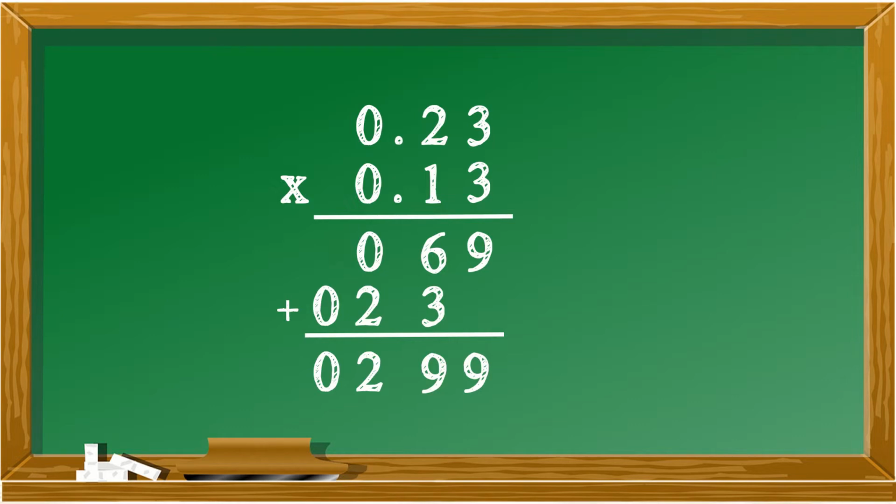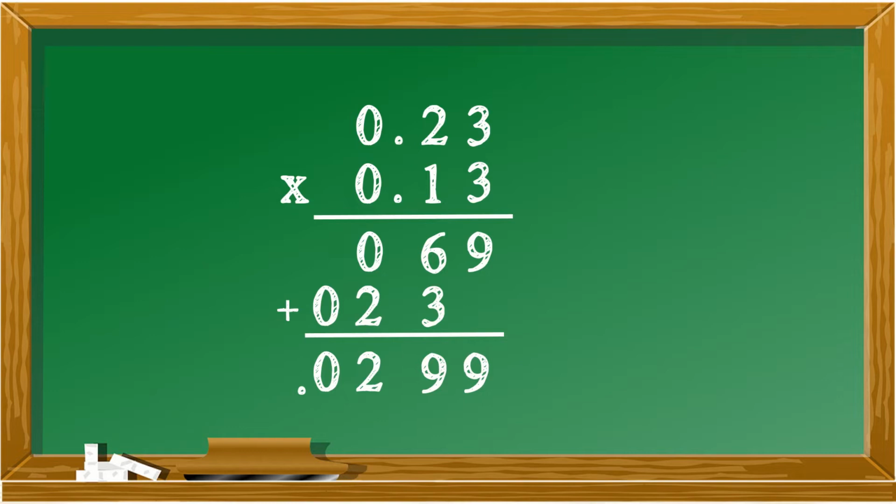So there are 4 decimal places. So we will count in the product 4, starting in the last digit, which is 9. 1, 2, 3, 4. So we will put the decimal point before 0 right there. So we get 299 10,000ths.